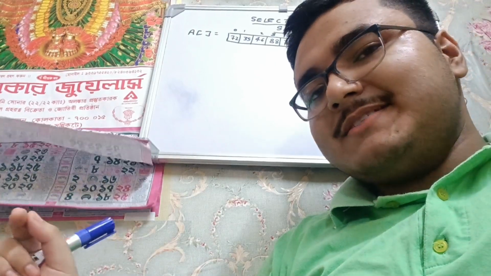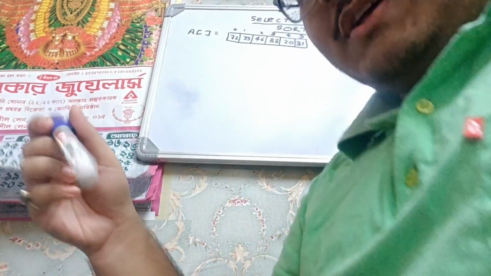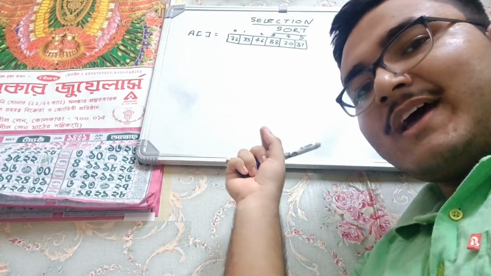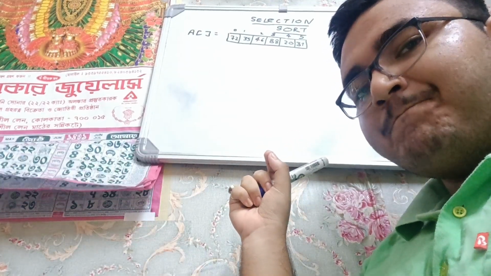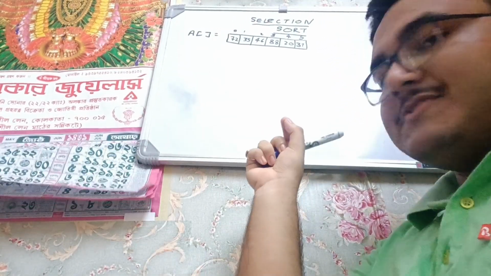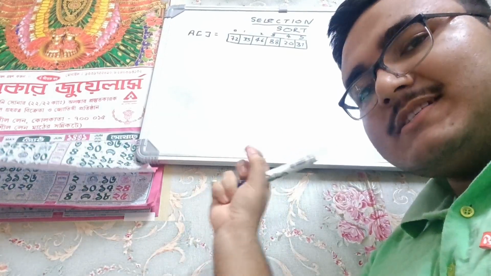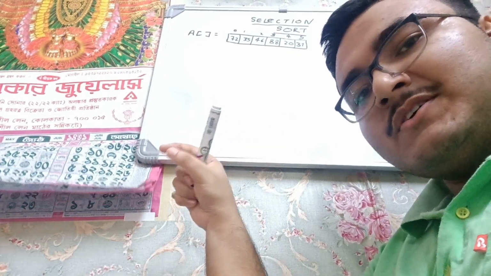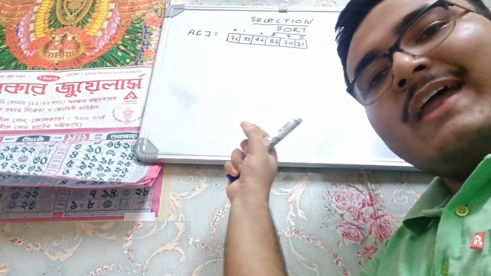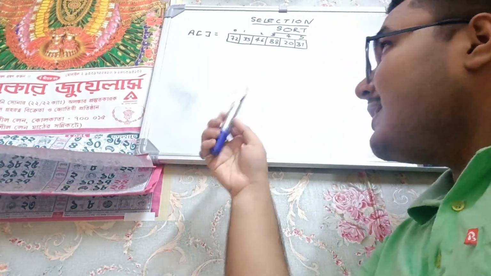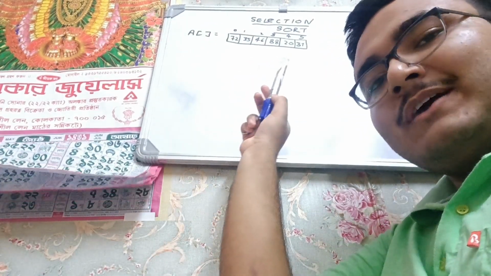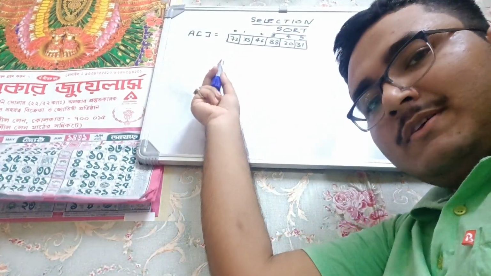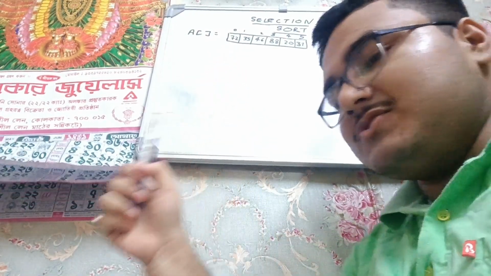In bubble sort, the largest element used to reach the end of the array first. Here the smallest element, the lightest element, will reach the first index of the array first. So this is the technique of selection sort.